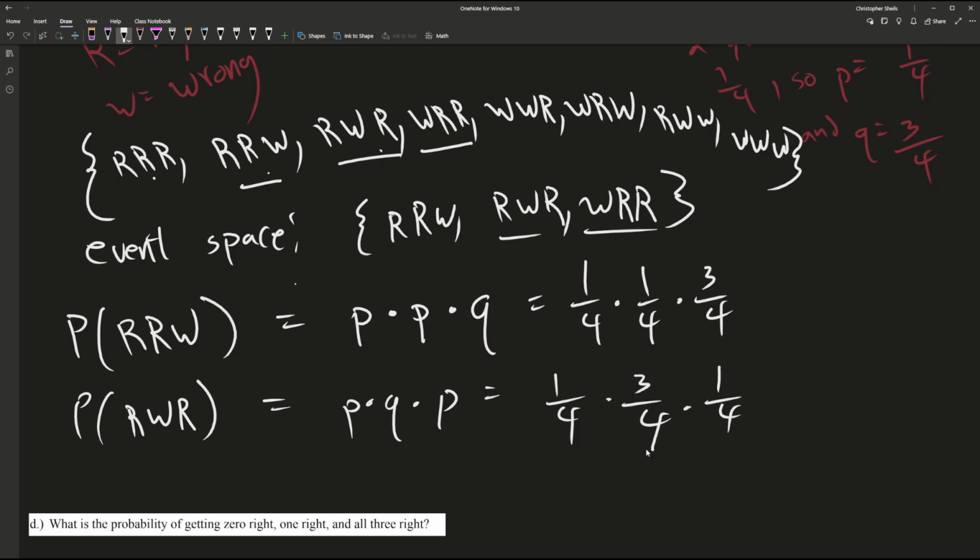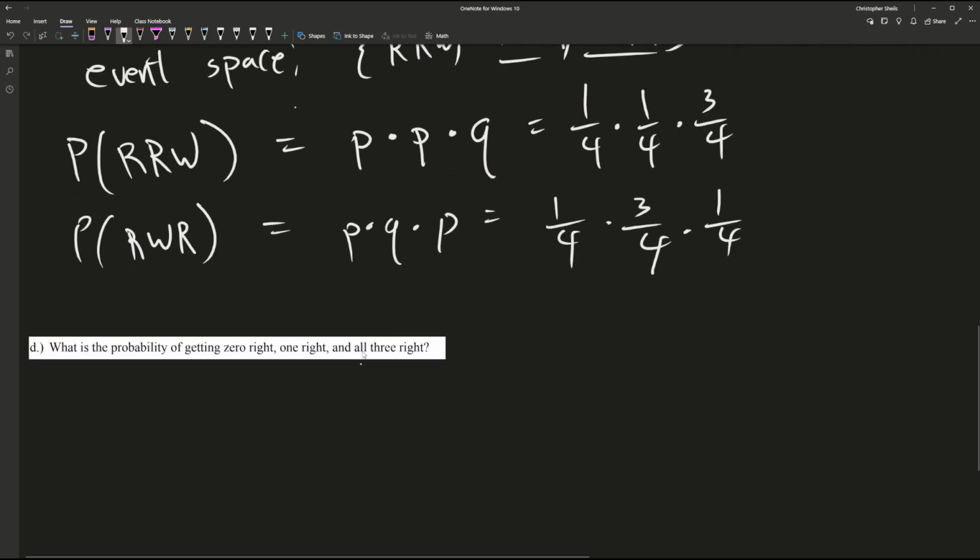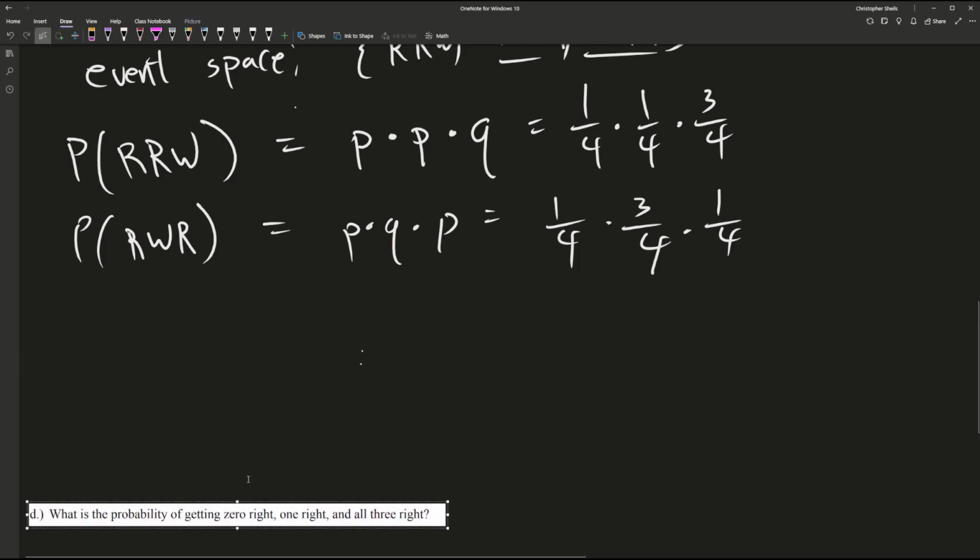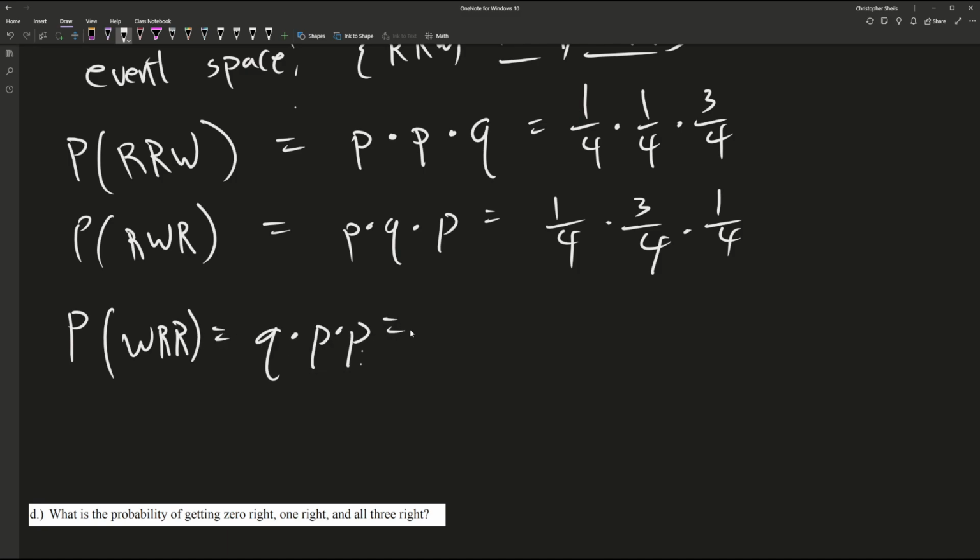This is the same thing as the previous one because multiplication is commutative. And it's going to be the same probability for WRR. This is going to be Q times P times P, which is 3/4 times 1/4 times 1/4. And let's see, what is this? This is 3/64, right?